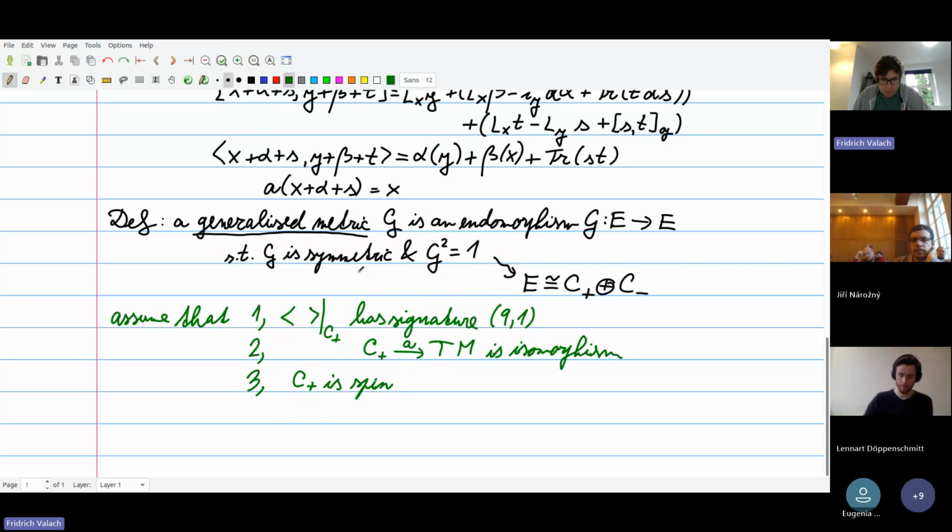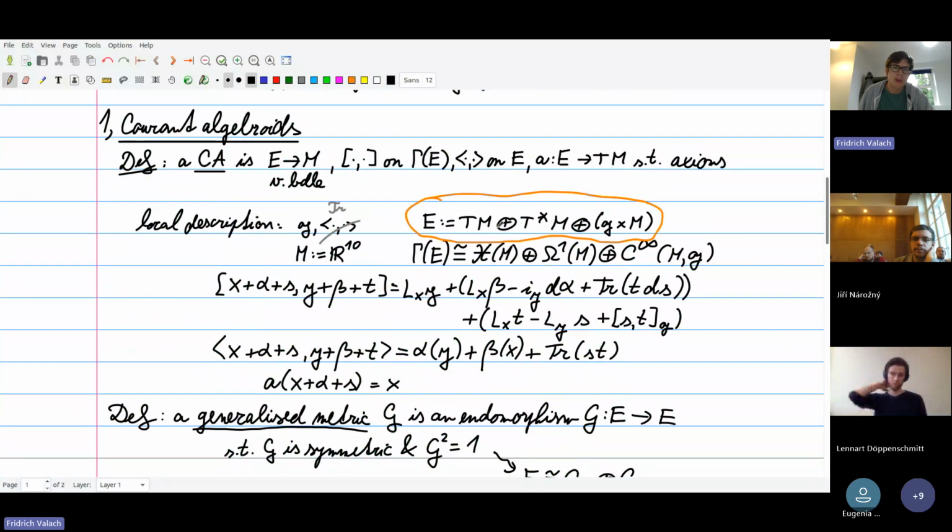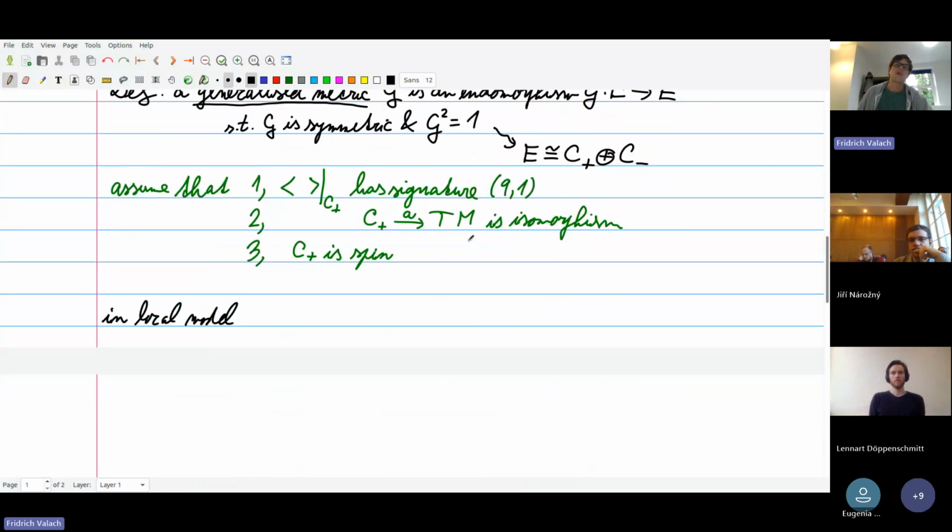To give you a feeling why we want these things, the second condition itself implies that in our local model, which remember was T plus T star plus some Lie algebra bit, and I want the anchor map to provide an isomorphism between C plus and TM, this subbundle has to have a very specific form.